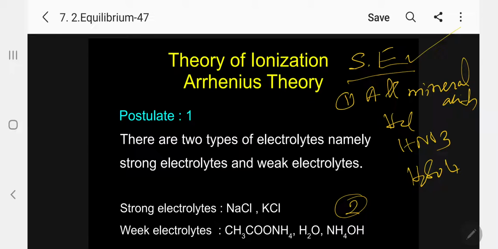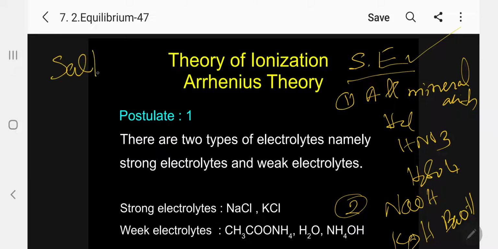And the second, all hydroxides of first group and second group, alkali and alkaline earth metals: sodium hydroxide, potassium hydroxide, barium hydroxide. So these are all, kindly follow, strong electrolytes. And the third one, the salts formed from these. Number one, salt of strong acid and strong base, for example sodium chloride, strong electrolyte.